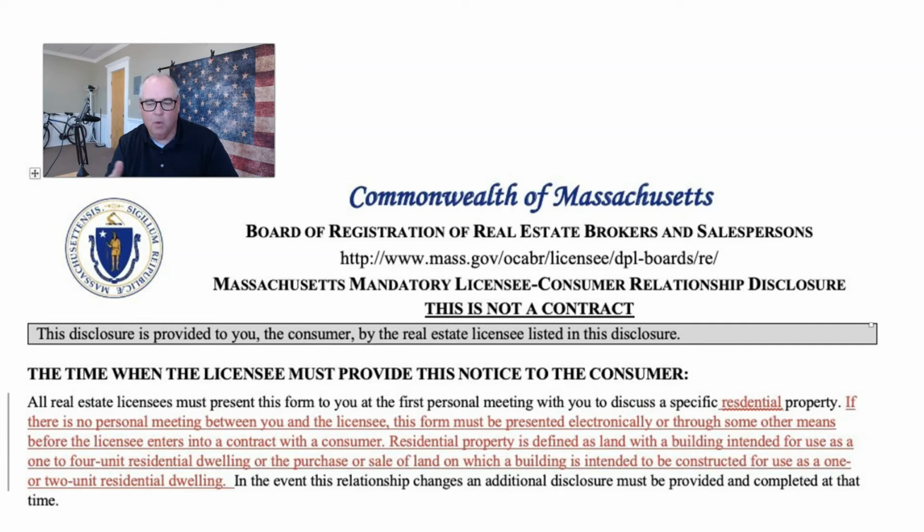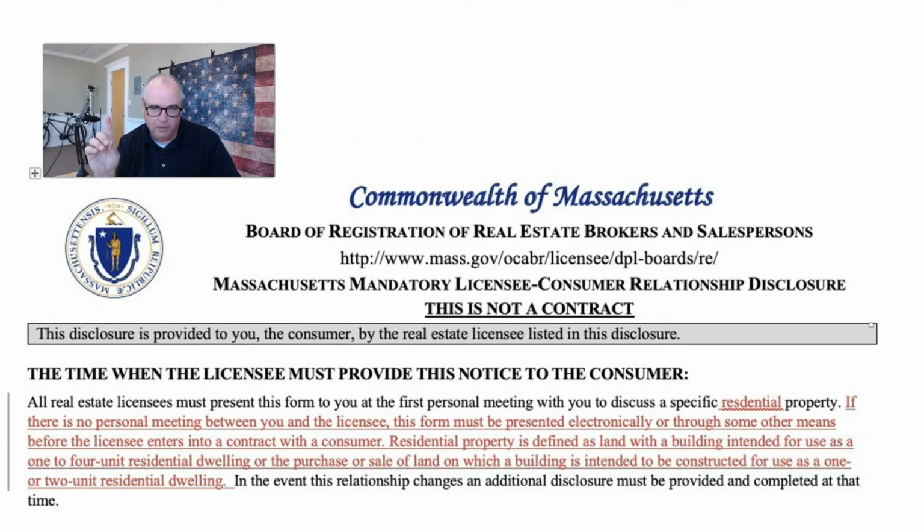Residential property, and they go on to define residential property as being land with a building intended for a 1 to 4 unit dwelling, or land intended to have constructed a 1 to 2 unit residential dwelling. So I'm not sure what the board was thinking in terms of having two standards there, but if there's a building there now and it's 1 to 4 units, you've got to use this form.